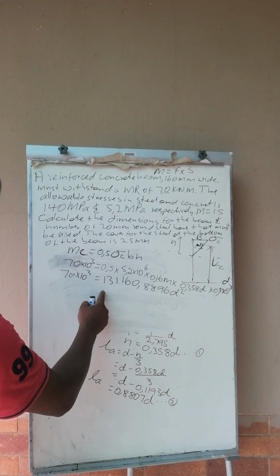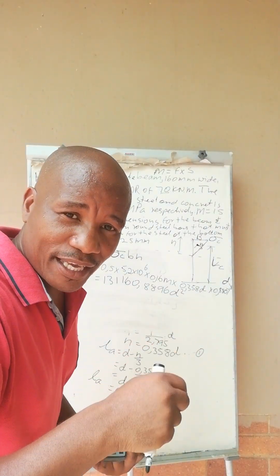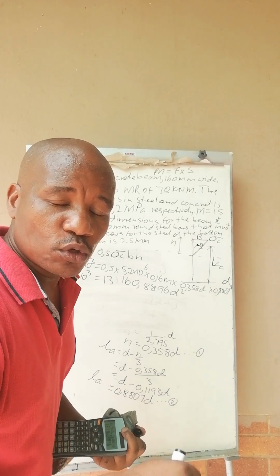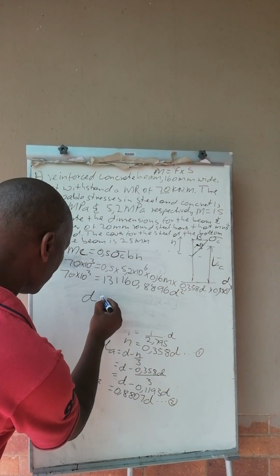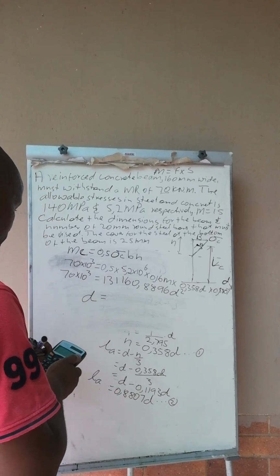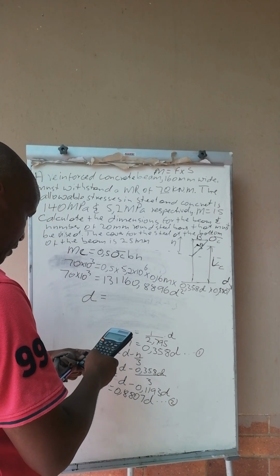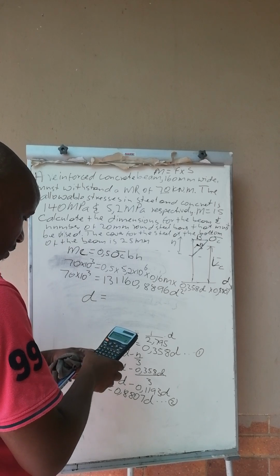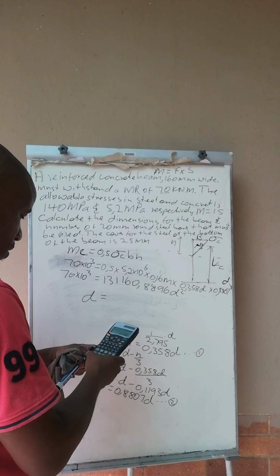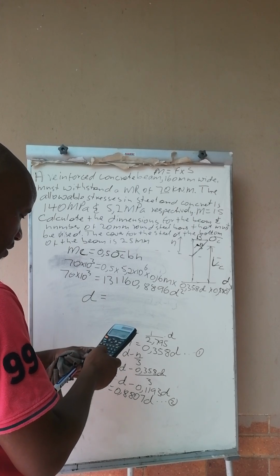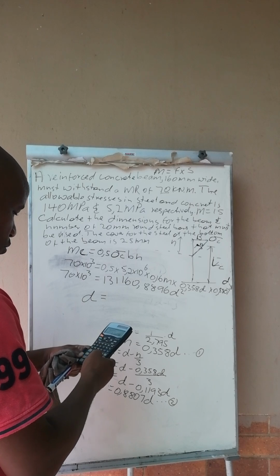Now let's divide to get d squared as the subject, and then take the square root to find d. For time, I'm just going to say d is equal to 70 exponent 3 divided by 131,160,8896.